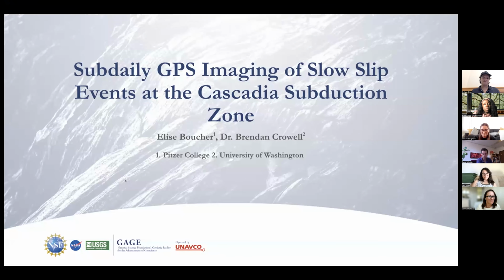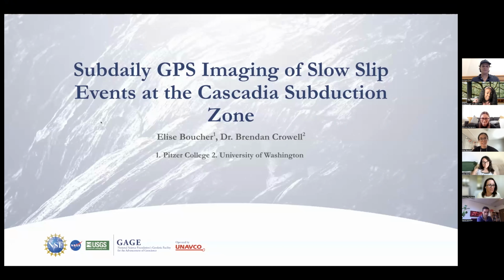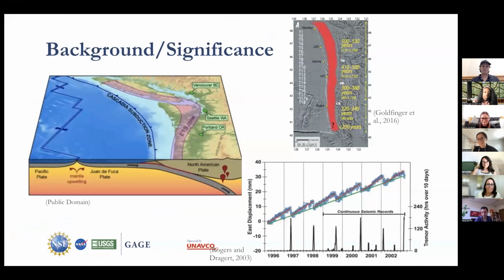Okay, so I'm looking at subdaily GPS imaging of slow slip events at the Cascadia subduction zone. The Cascadia subduction zone experiences megathrust earthquakes on a 300 to 500 year cycle, which means that stress is building up in those years until it is released in an earthquake of magnitude 8 or 9.